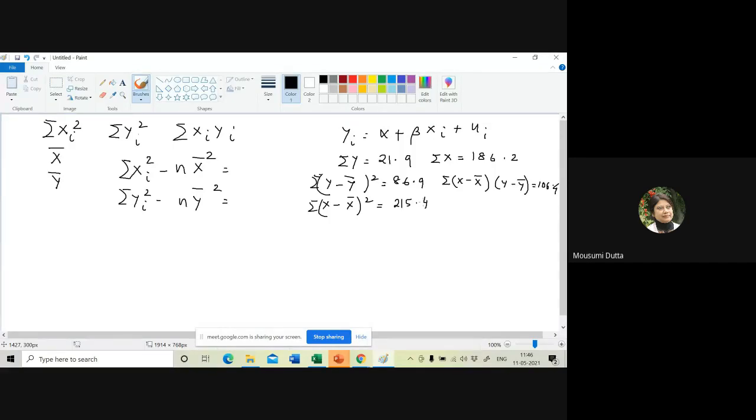Calculate variances of both the estimators. And comment on goodness of fit of the model.